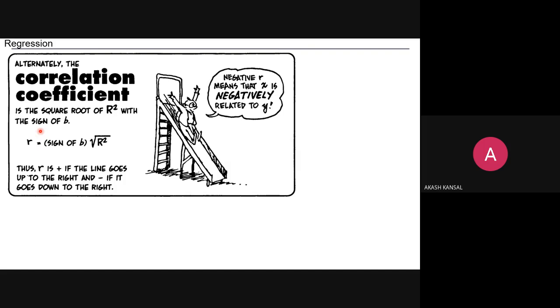It takes the sign of b, the slope of the fitted line. A negative R means x and y are negatively related, a negative slope.